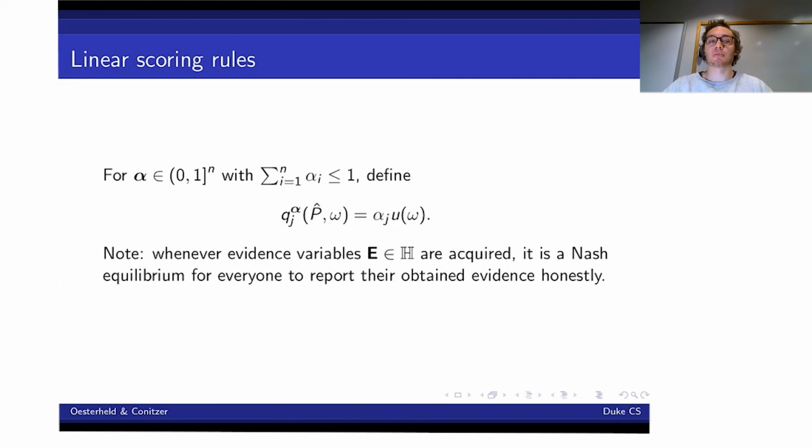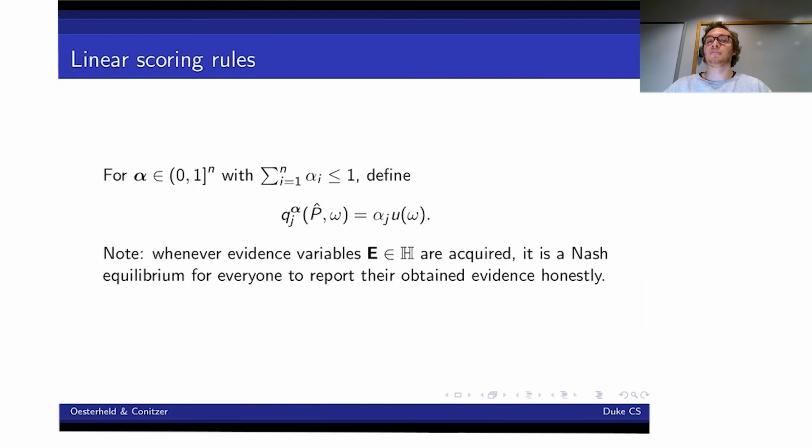One thing to note about these linear scoring rules is that if the experts obtain evidence E, then it is a Nash equilibrium for everyone to also report the obtained evidence honestly.